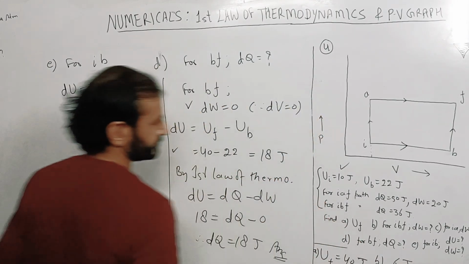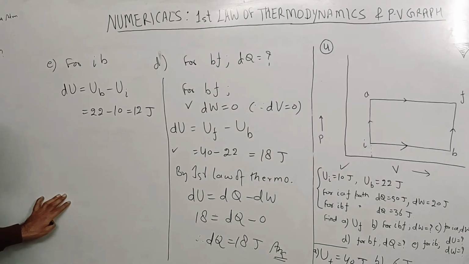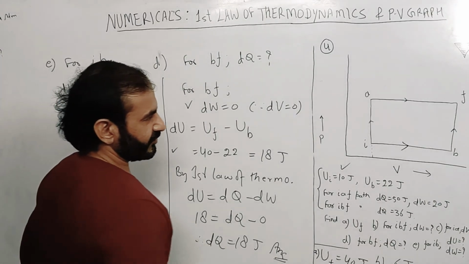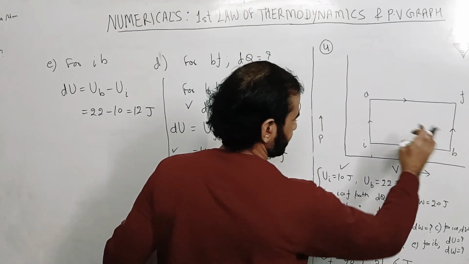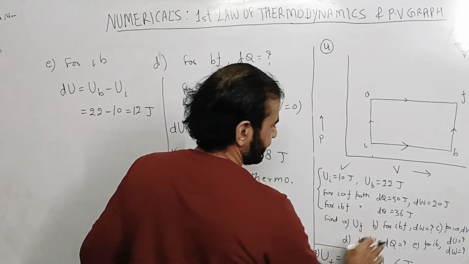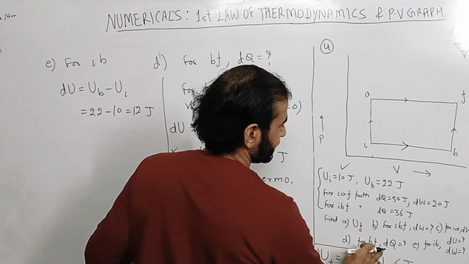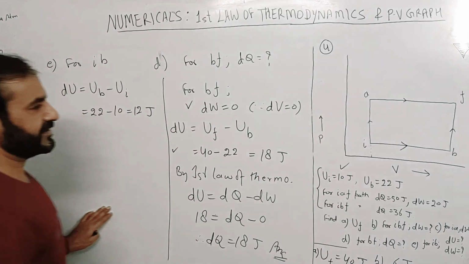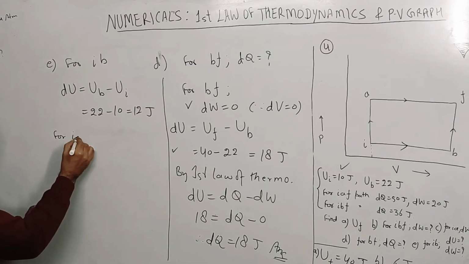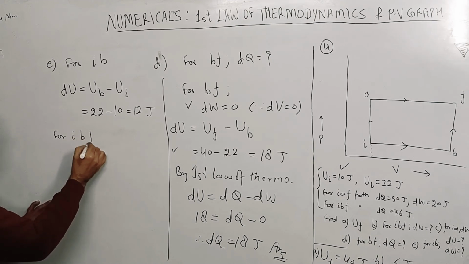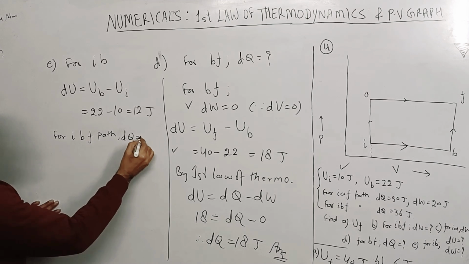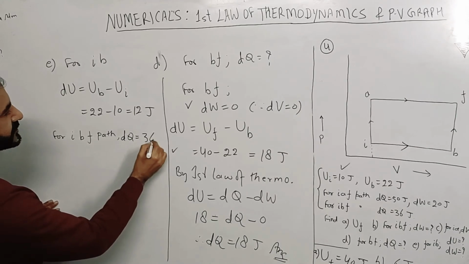Now dW. For dW, we should have dQ. So what is dQ for the IB part? We are given dQ for IBF and we have found dQ for BF. I am writing it. For the IBF path, dQ is 36 joule.